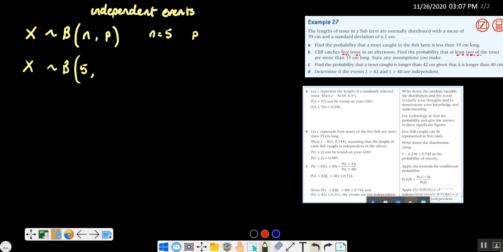The probability of success is the probability of X being more than 35. So what's that probability?